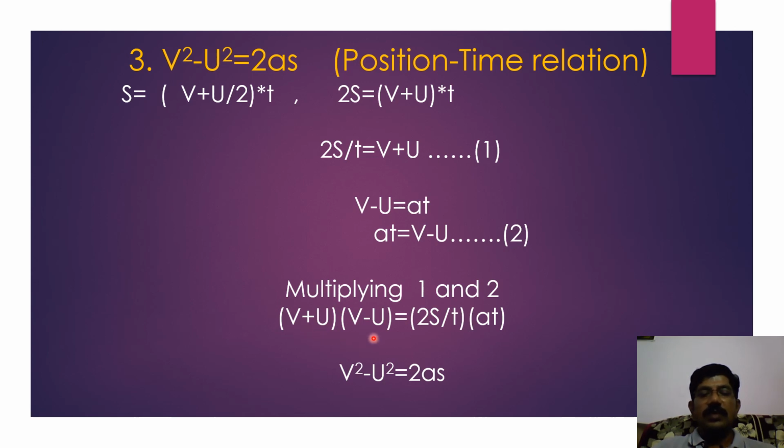You know that a plus b into a minus b is a square minus b square, that is v square minus u square. Now t gets cancelled, since t is in the denominator here and in the numerator there. What is left over? 2s is left over, a is left over, so v square minus u square is equal to 2as. This is the third equation of motion.